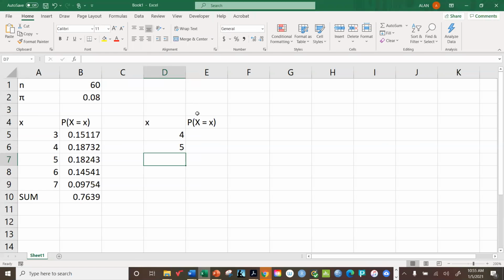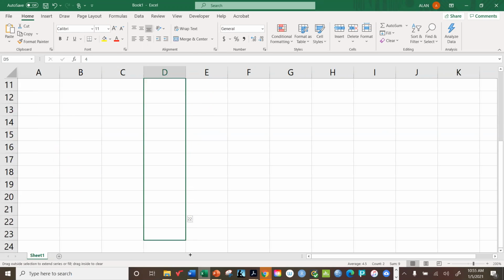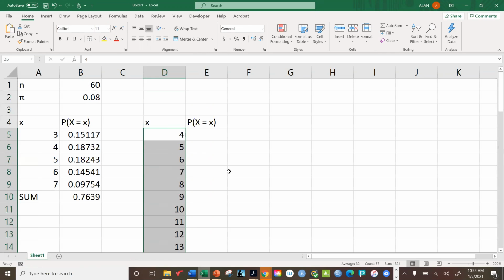Now watch how ingenious this is. I don't have to type all the numbers from 4 to 60. Watch what happens. As long as I've set up a pattern, it understands that I want to keep increasing by 1, and I can drag it down to 60. So you might say, oh, what a headache this is. No, it's not. Look how easy that was.